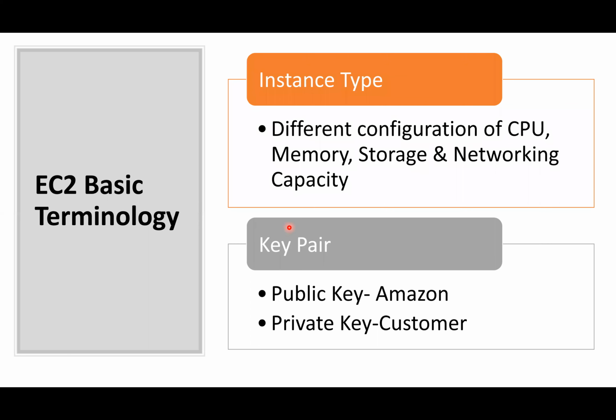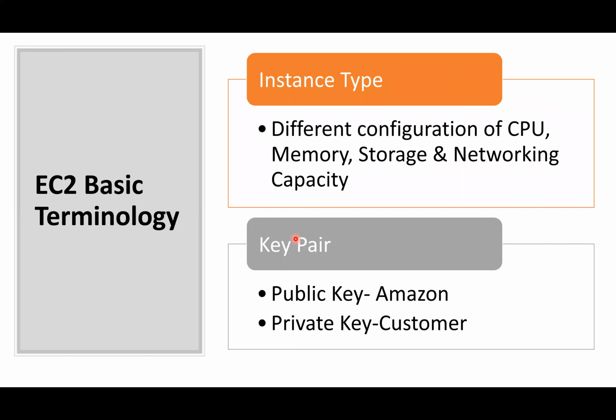With public key, anyone can encrypt the information and send it to you. And then, in order to decrypt that information, you will need a private key. With that combination, you can encrypt and decrypt the data. That's why we call it key pair.